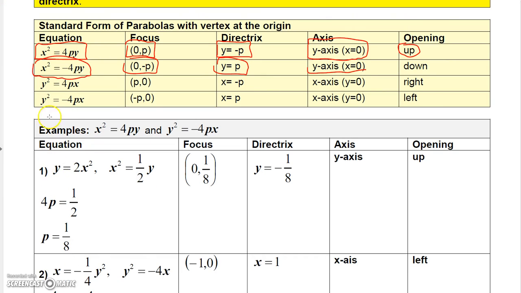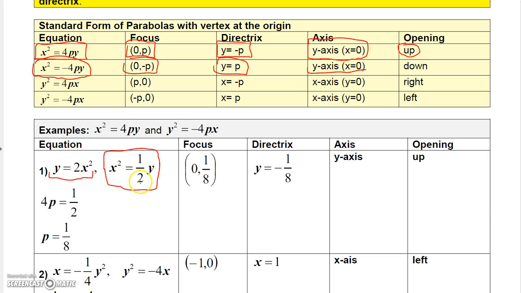Okay, so let's take a look at this particular example. Let's say you have y equals 2x squared. Now what we need to do to identify the p is write this in the form of x squared equals something times y. So if we solve this for x squared, we get x squared equals 1/2 y.